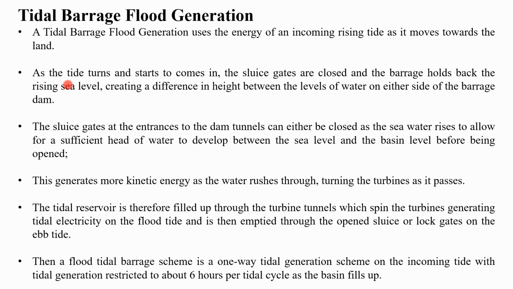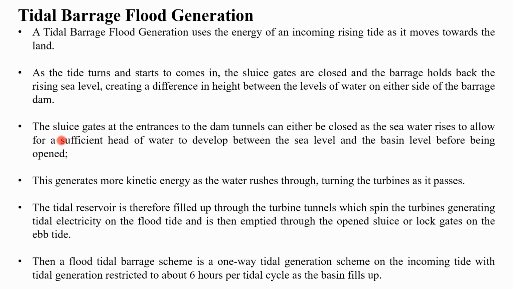As the tide turns and starts to come in, the sluice gates are closed and the barrage holds back the rising level, creating a difference in height between the levels of the water on either side of the barrage system. So we are going to stop this water which is reaching the land, and this water will hit the turbine with a very high force.